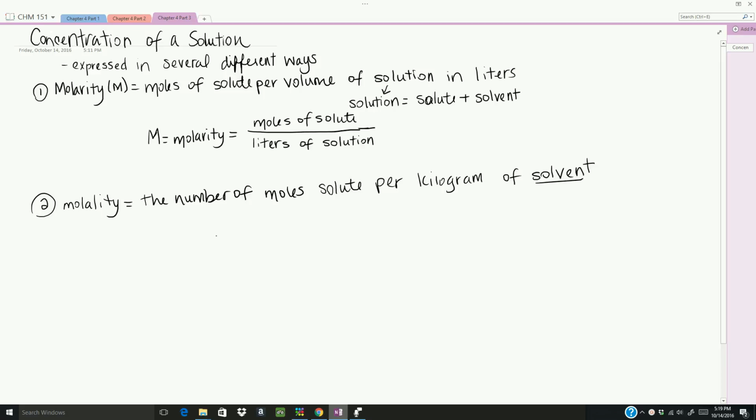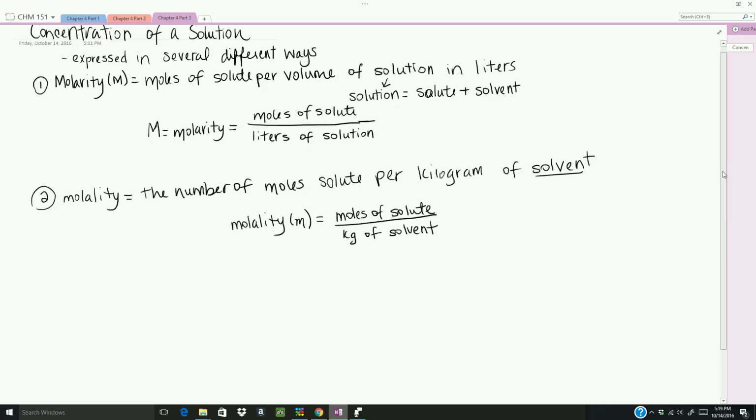So the formula for molality, which is a lowercase m, and we usually do a cursive m so you can distinguish it from meters, is moles of solute divided by kilograms of solvent.